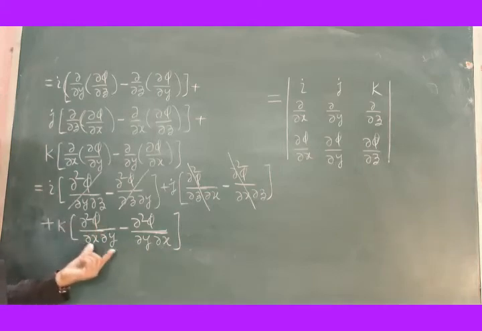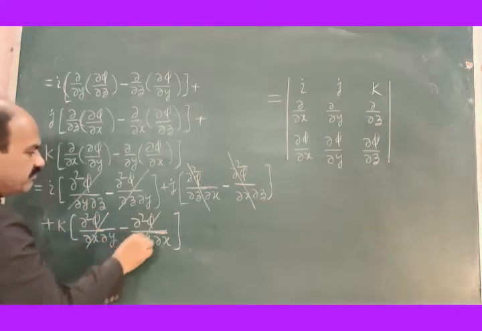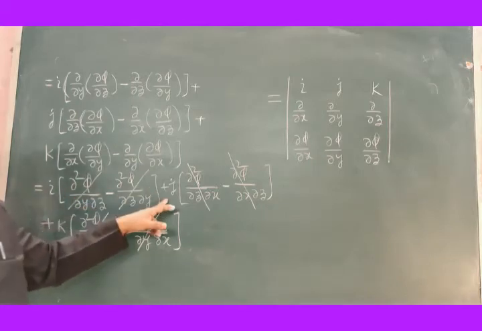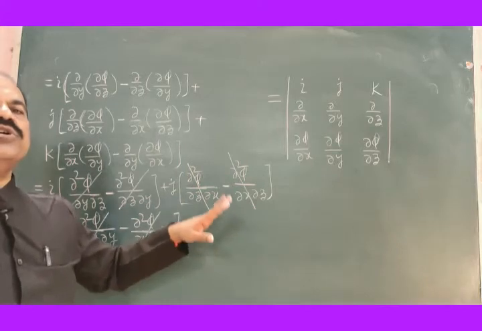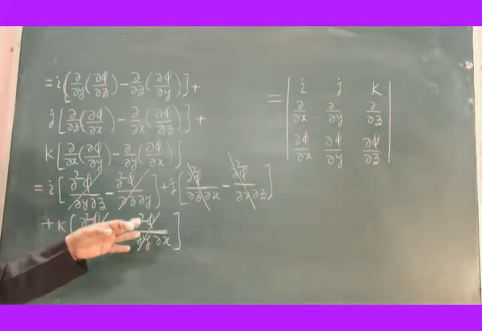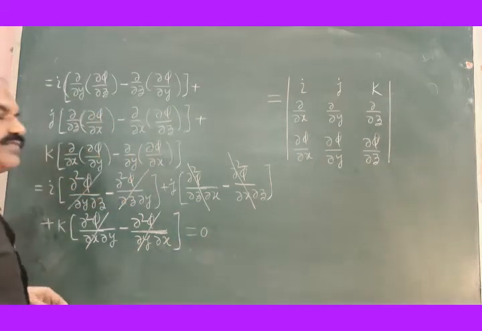It means that these two terms are same with opposite sign, and therefore together they vanish, will become 0. So what is this? i into 0, plus j into 0, plus k into 0. That is, this is equal to 0.